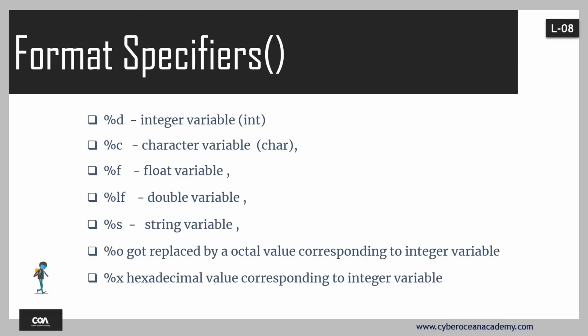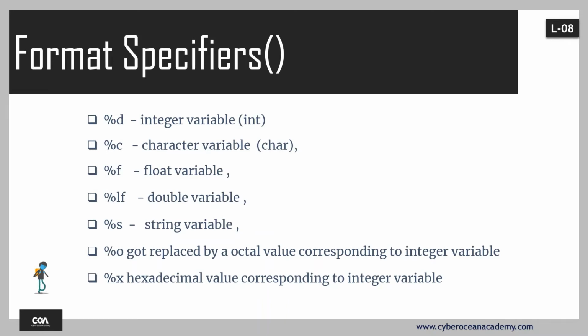When you use a string variable, that is, a character array, you have to use %s. There is no data type in C programming as a string, but when you take any input as a string, you use %s. %o is for an octal value corresponding to an integer variable, and %x is for a hexadecimal value corresponding to an integer variable.